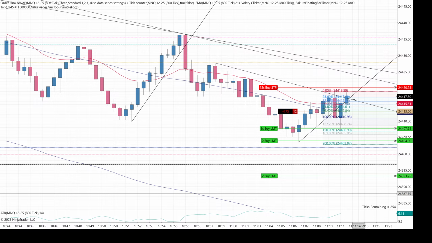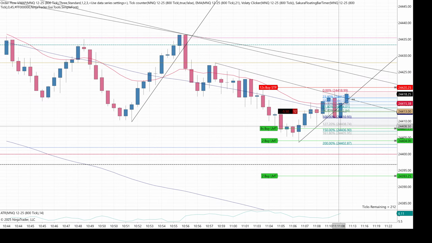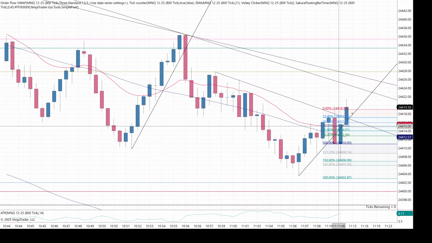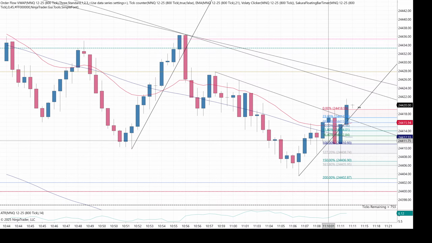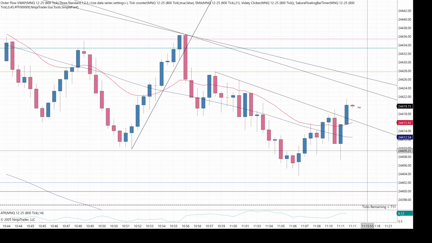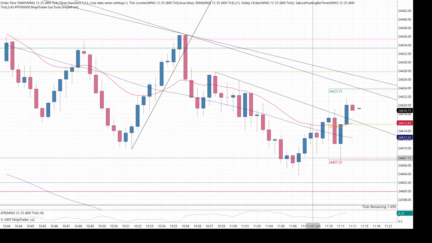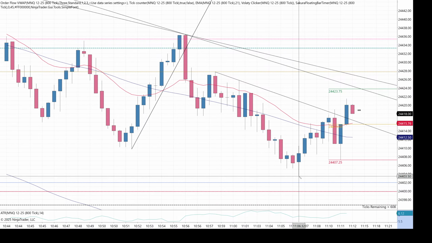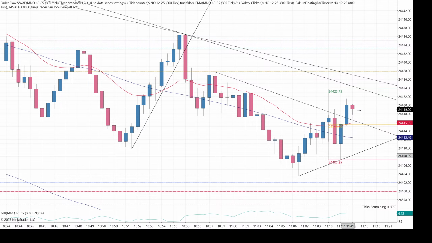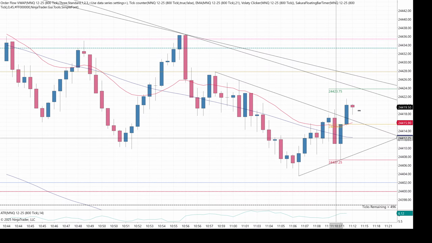Otherwise, we would have taken 2 stop losses. Violated my rule here with this downward trend line. That's unfortunate. Just 2 bad trades in a row. I like this bearish trade.